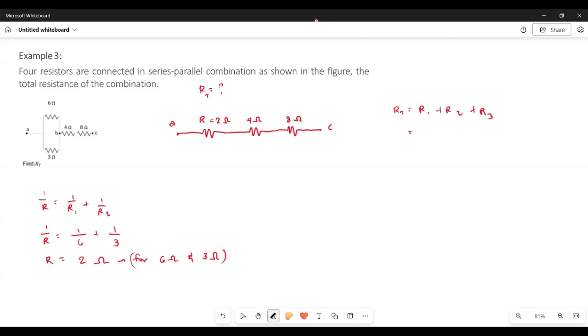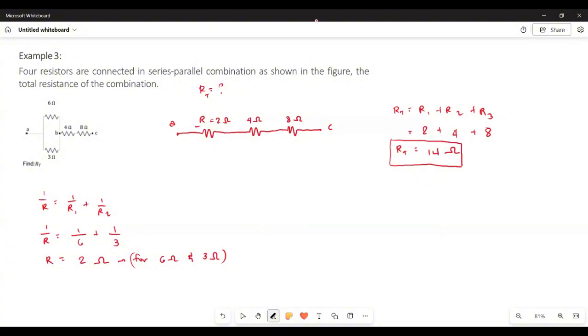Ay kung ganun pala, substitute lang natin yung value. Yung R1 natin, itong R na lang. Plus R sub 2 is yung 4 plus R sub 3 na 8. Therefore, the total resistance of our series parallel connection is equal to 14 ohms. So, yun lang. Ganun lang siya isolve.